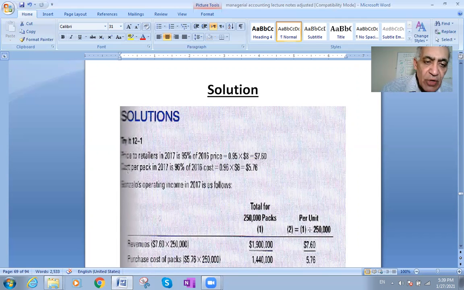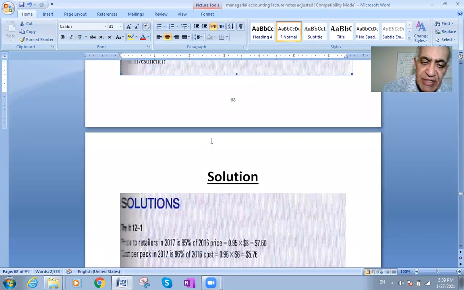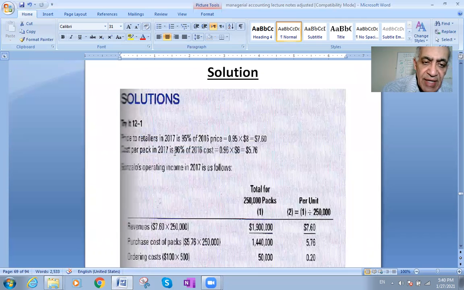Then the cost per pack in 2017 will be 96% of the 2016 cost. The cost in 2016 was $6; 96% of $6 gives me $5.76.